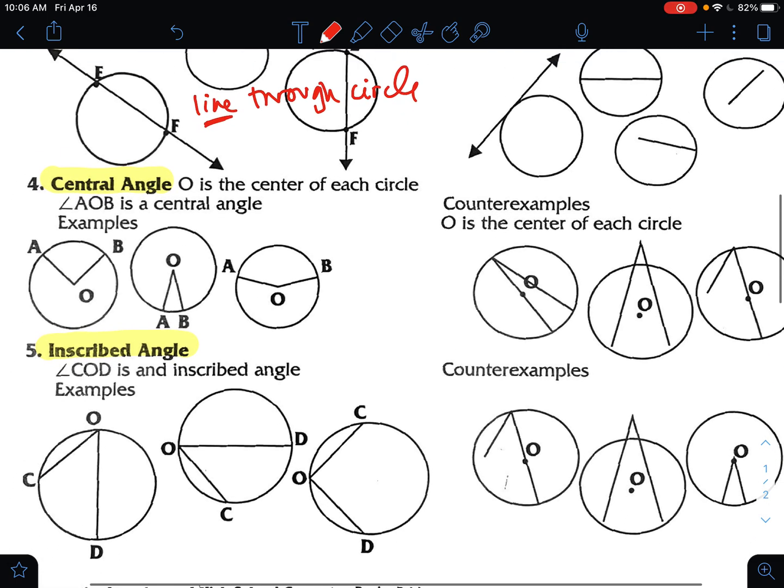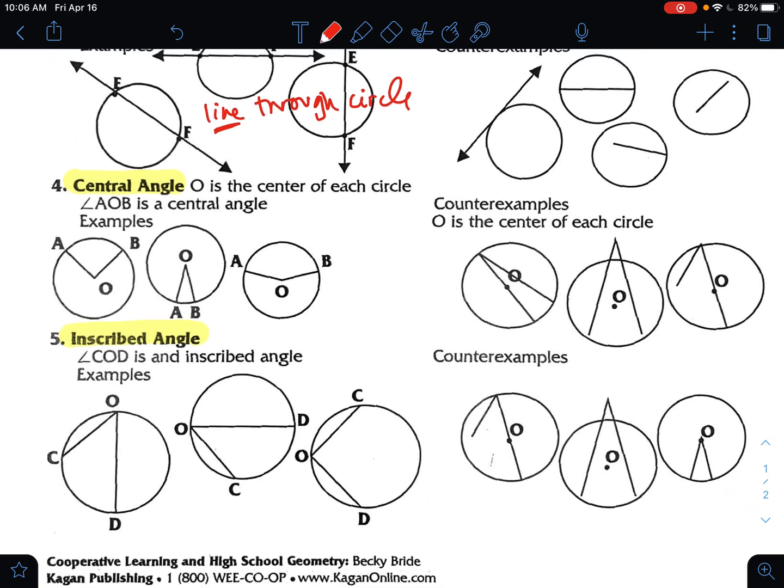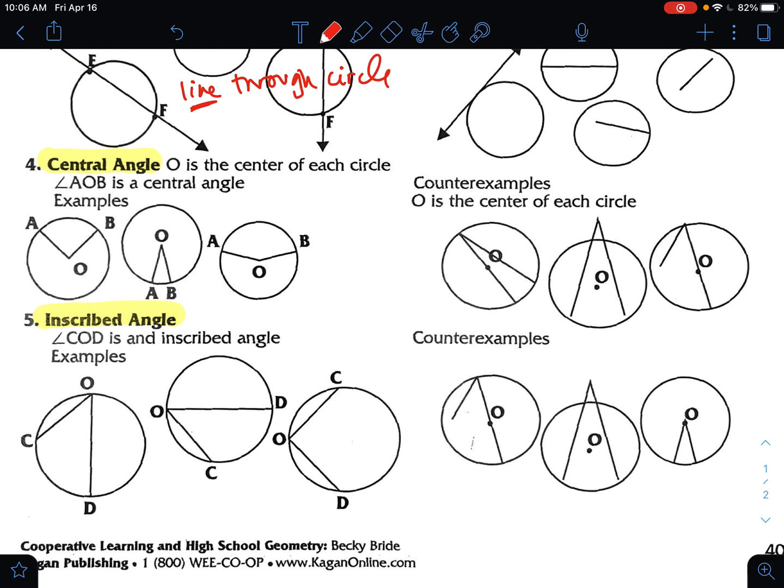All right, central angle. See if you can come up with an informal definition by looking at the examples and non-examples. Okay, on the examples, it tells us that O is the center. Do you see how on the examples, the angle is inside the circle, and the vertex of the angle is the center? So vertex is center, vertex is center.